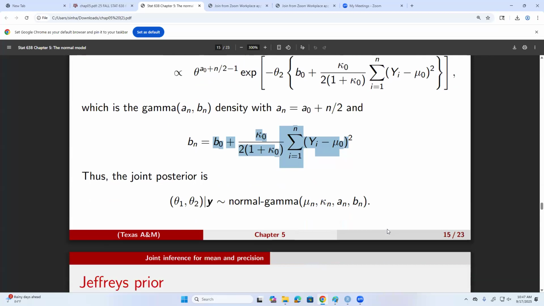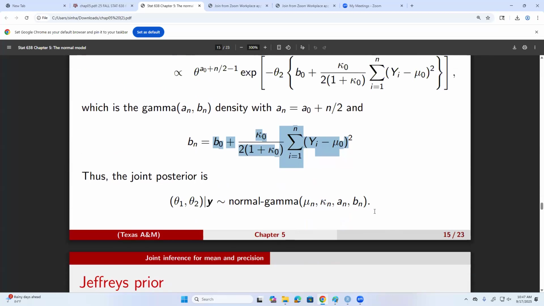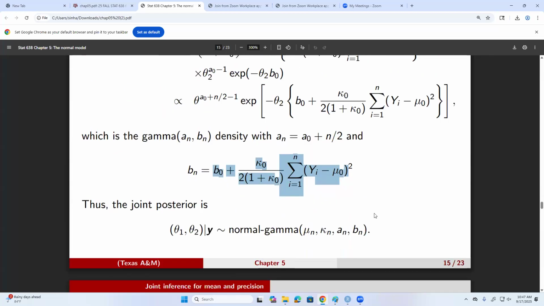Now, the question is, suppose your interest is in the joint posterior distribution. I can write it nicely mathematically, but for the enumeration purpose, what should we do? We can sample many observations of theta 1, theta 2 from the joint distribution.